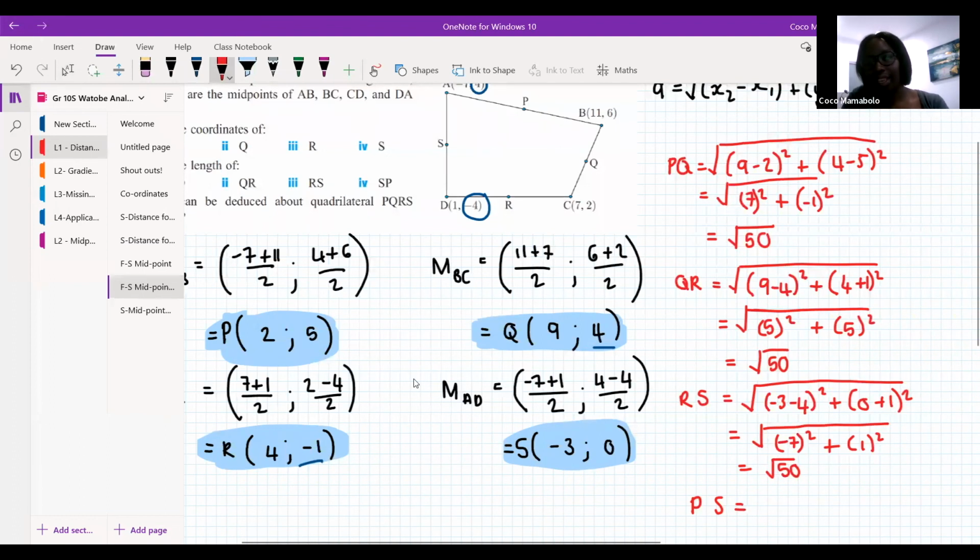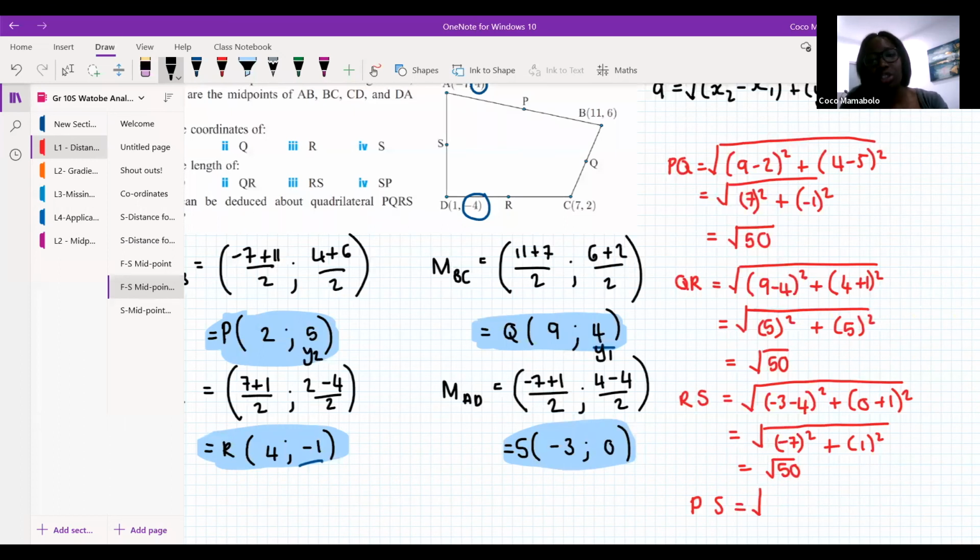Ma'am, for the distance formula, is it y2 minus y1, or is it y1 minus y2? It doesn't matter which order you do it in. If you choose this one to be Y2 and that one to be Y1, that's perfectly fine.